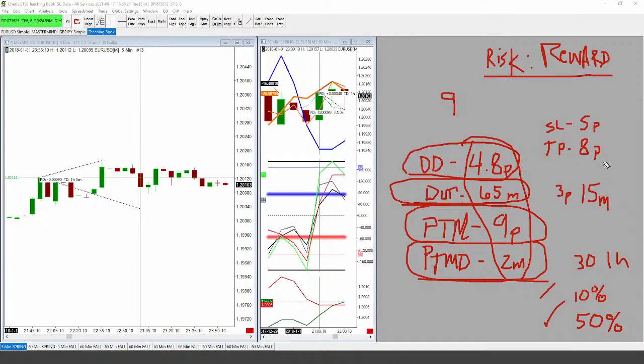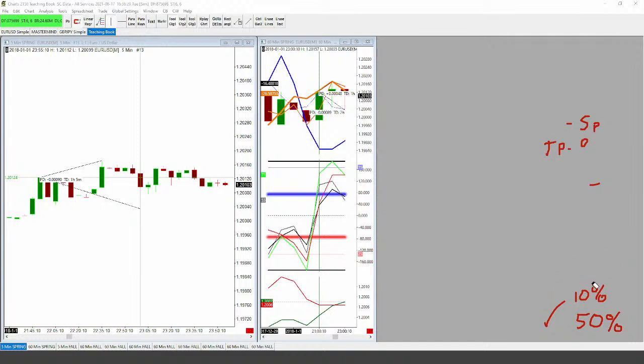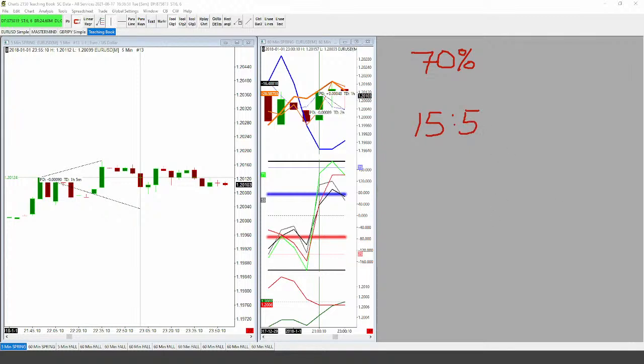So that means that if I have, let's say I have a 70% trade, okay, wins 70% of the time, we see this will win 70% of the time if we use a 15 pip stop loss and a 5 pip take profit, right?